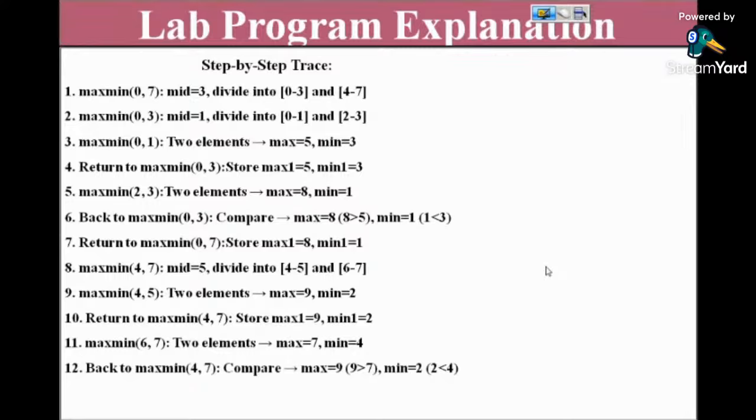Now back to max min of 0 comma 7. So the complete max value is 9 and the min value is 1. We compare. Okay, once this completes, your recursive tree will end.